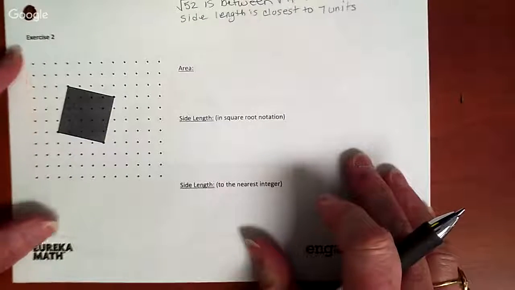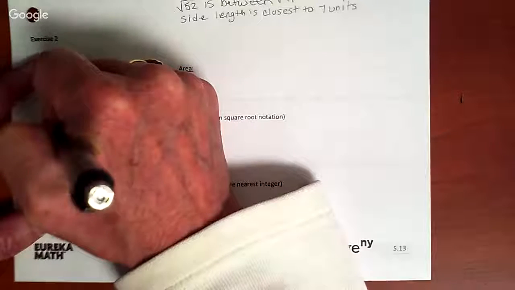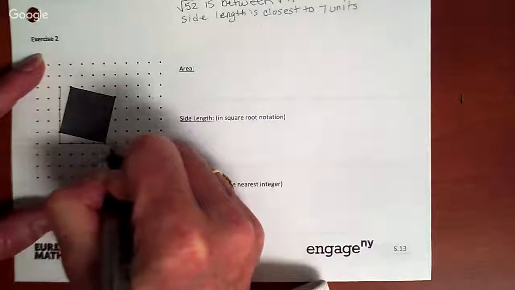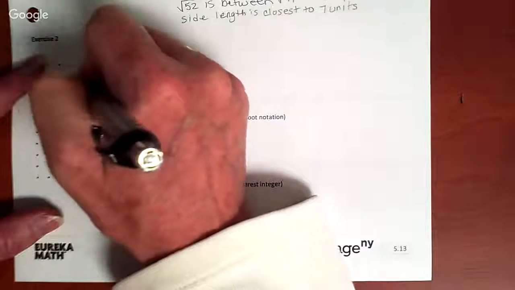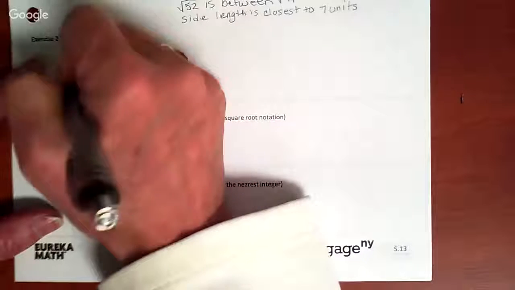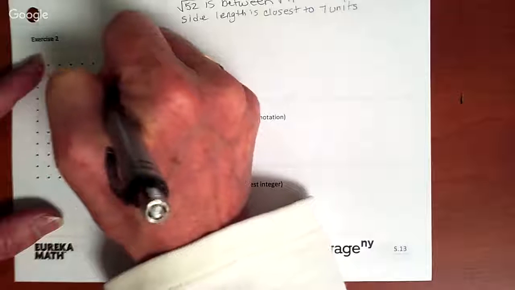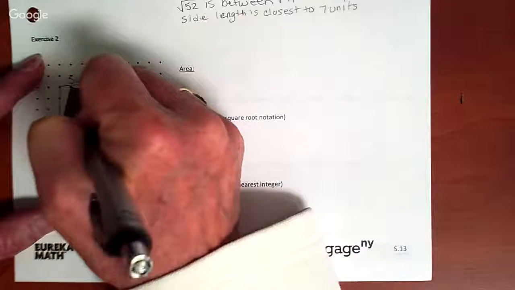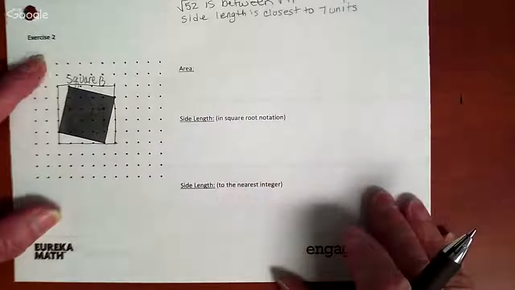Now our last problem here, let me see if I can draw this right this time. Oh, looky, I did. Okay, so we've got square B, square A, okay.